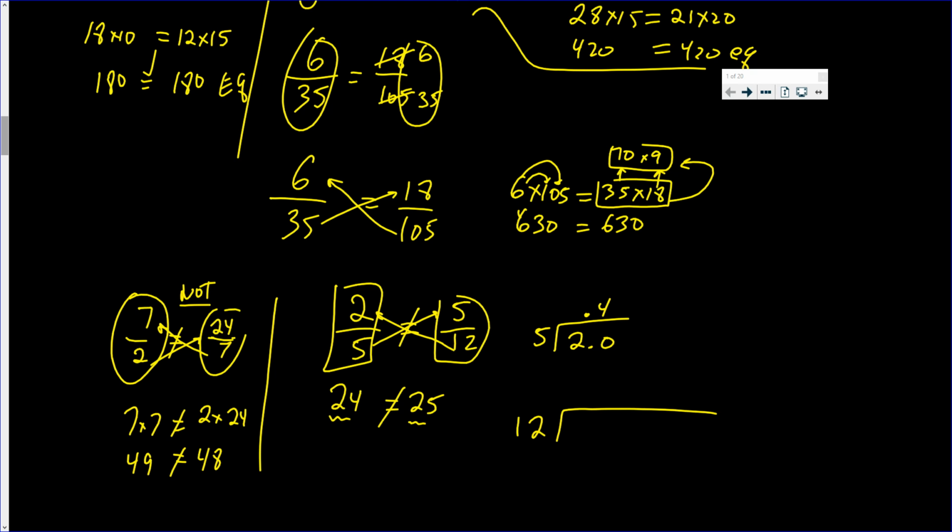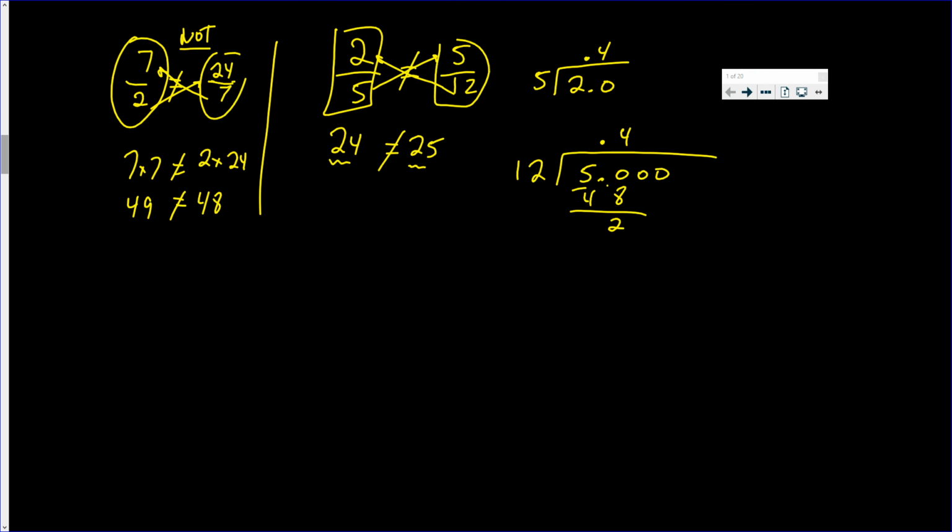If you did 12 into 5, put down some zeros. 12 goes into 50 4 times. They used up 48 with 2 left over. Bring down a 0. 12 goes into 20 one time, with 8 left over.